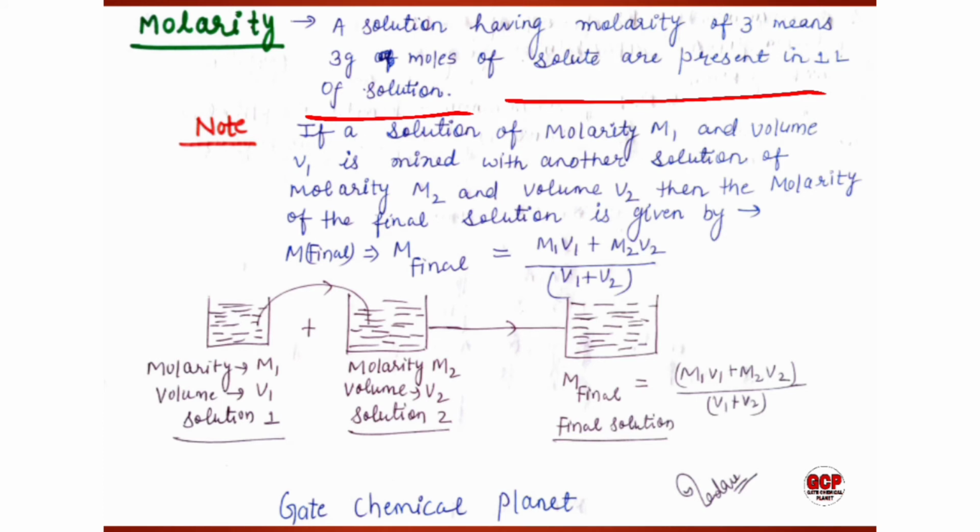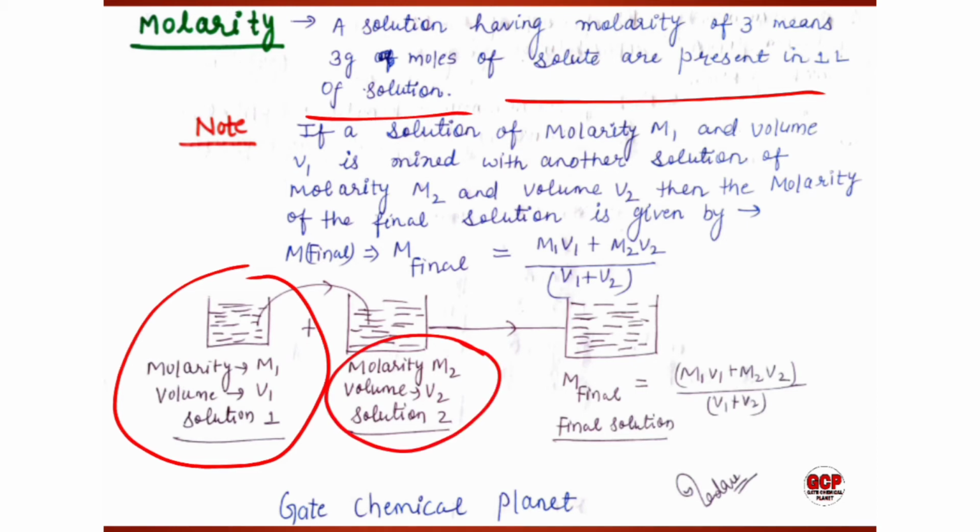So student, if I ask: there is one solution having the molarity of capital M1 and volume of solution capital V1. It is added into another solution 2 having molarity capital M2 and volume capital V2. Then what would be the final solution molarity?